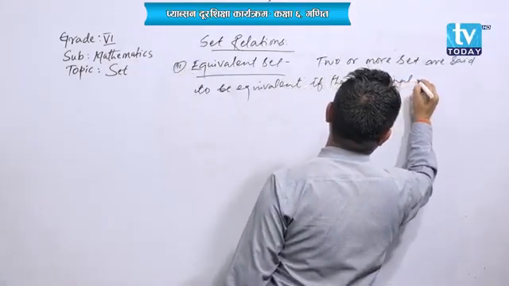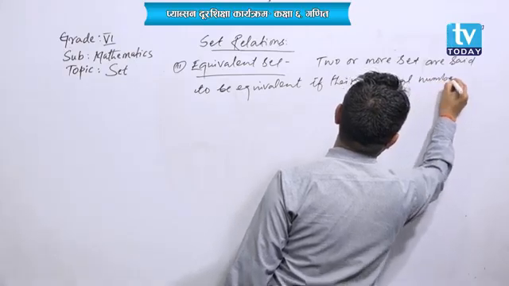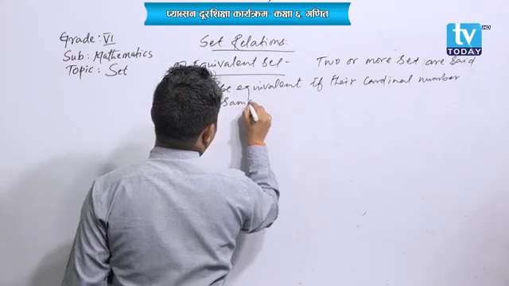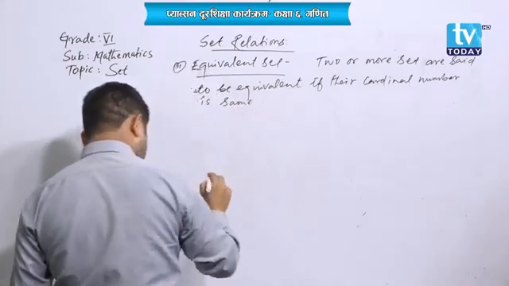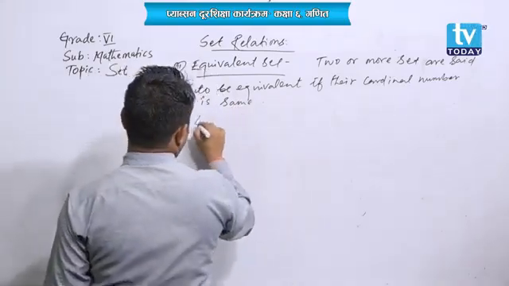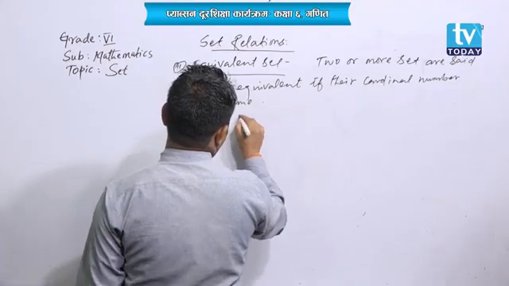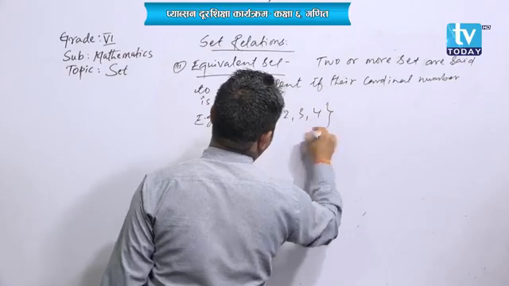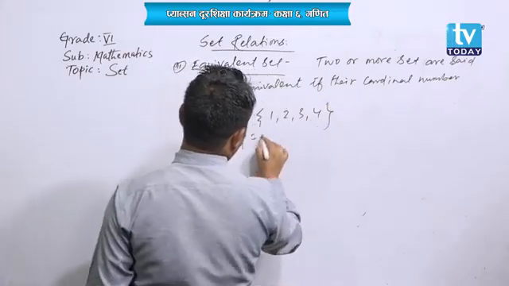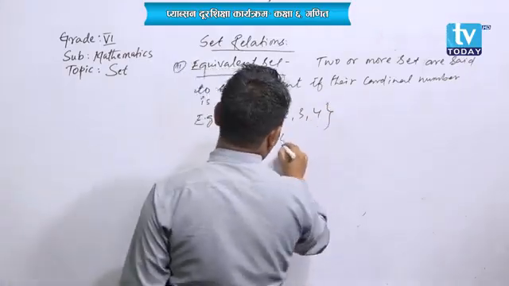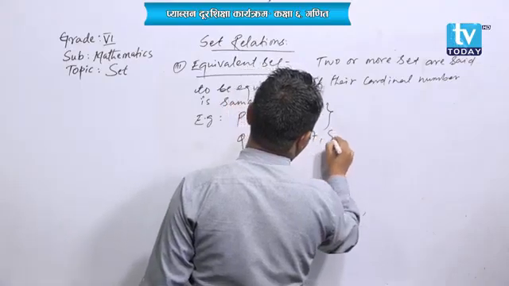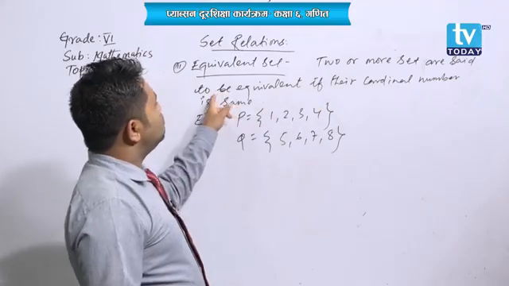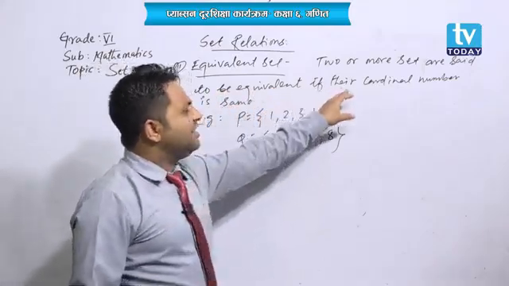Equivalent set: cardinal number is same. Example, suppose set P equals 1 2 3 4 and Q equals 5 6 7 8. Two or more sets are said to be equivalent if their cardinal number is the same.